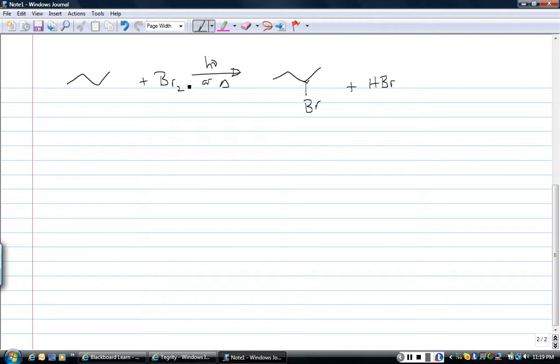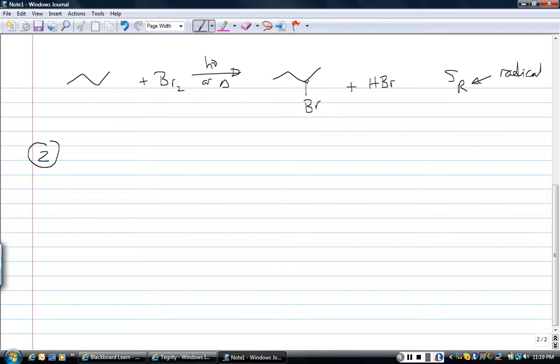Essentially what happens is one of the H's is replaced by a bromine, and the H that comes off assembles with the other Br atom, and you get this product. So this is called an SR reaction, where the R here refers to radical. So we can have different types of substitution reactions depending upon the character of the incoming group.